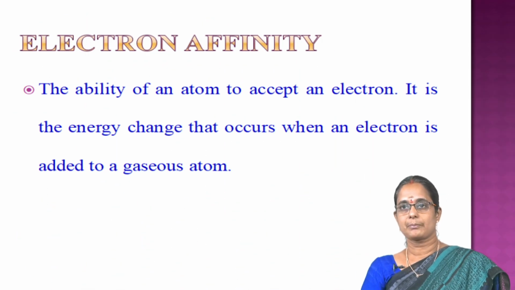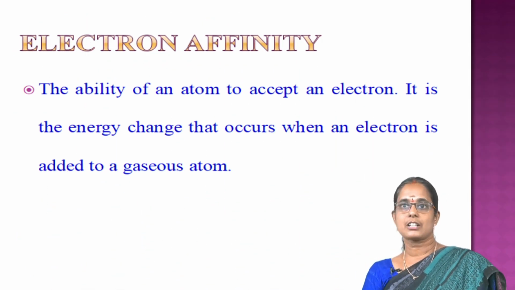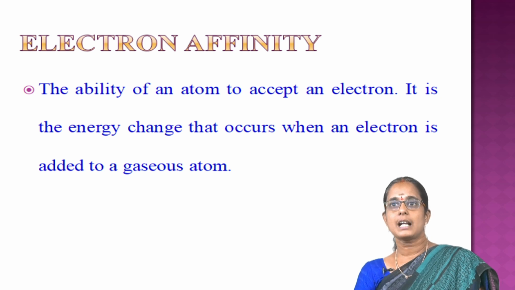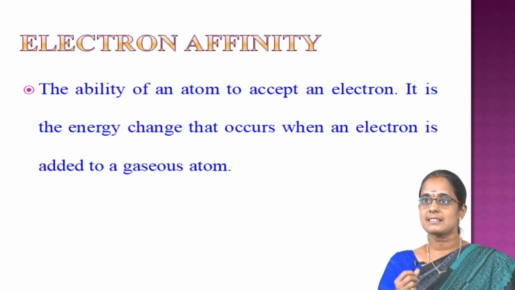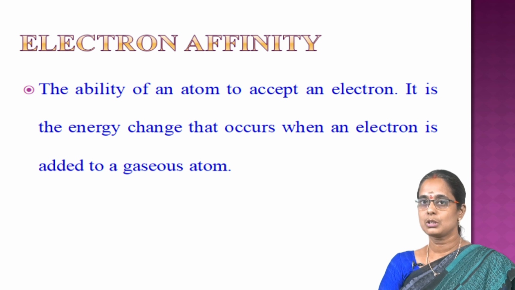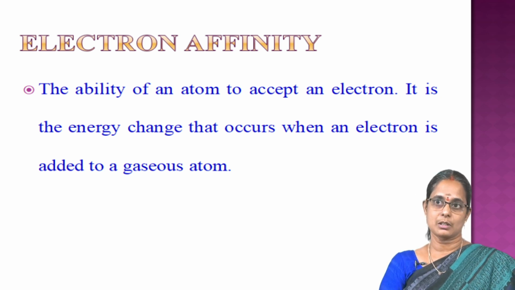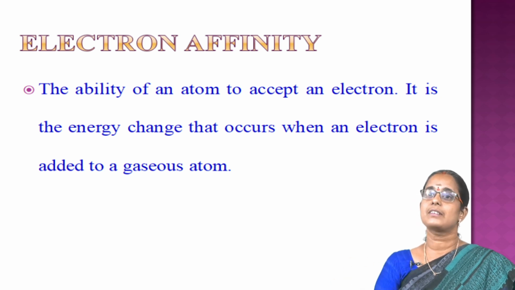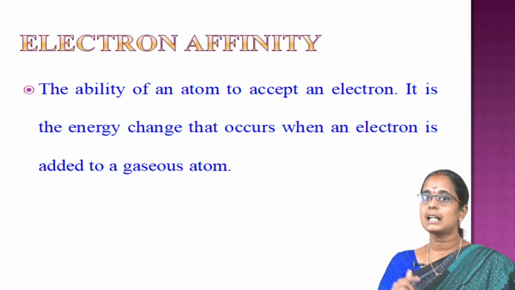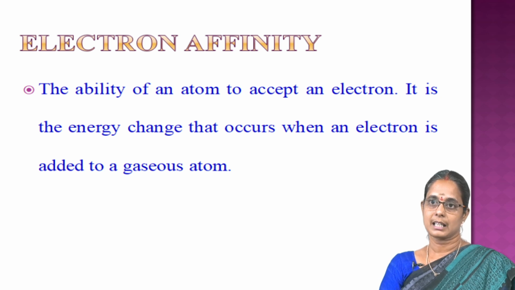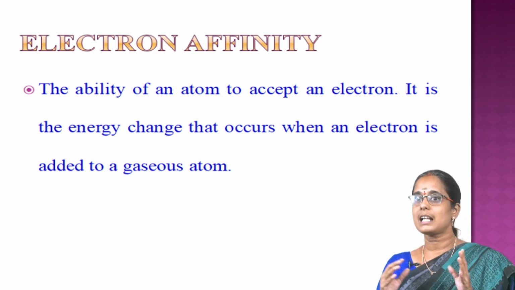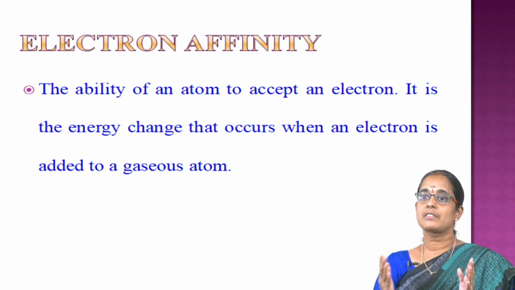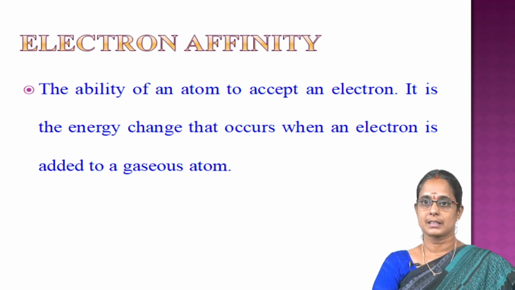Electron affinity. Affinity means attraction. Electron affinity reflects the ability of an atom to accept an electron. It is the energy change that occurs when an electron is added to a gaseous atom. Atoms with a stronger effective nuclear charge have greater electron affinity.